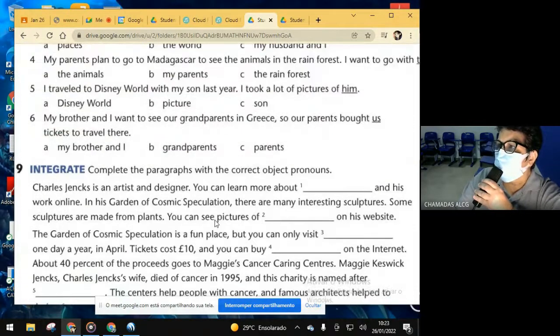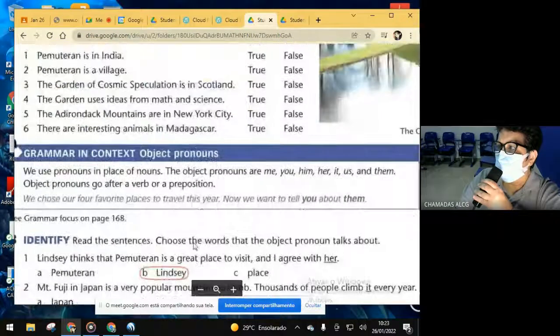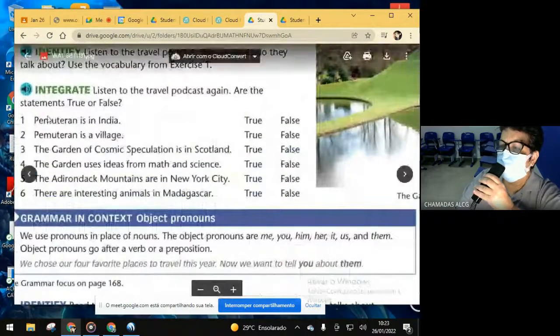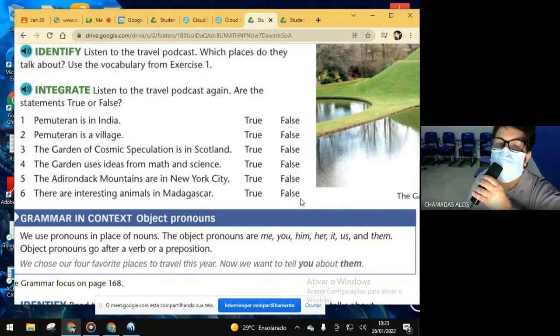Here are the places they talked about. Let me show you here. The Permuteron in Indonesia, the Garden of Cosmic Speculation, the Adirondack Mountains, and Madagascar. Which place would you like to visit?